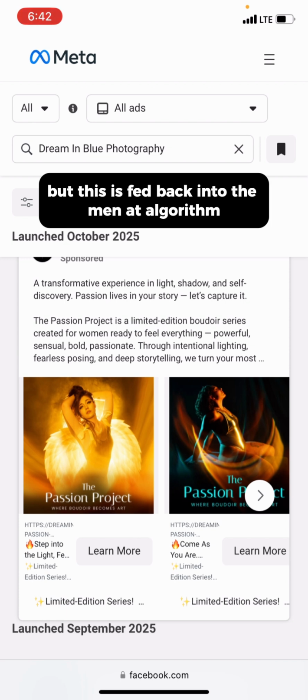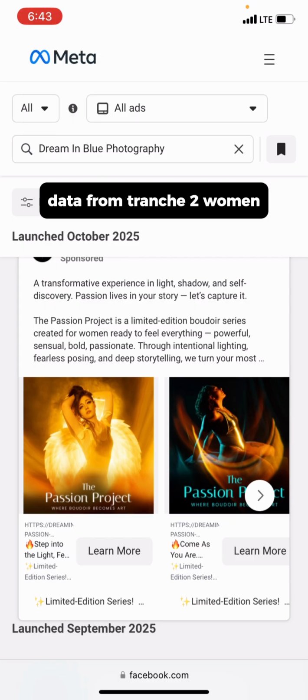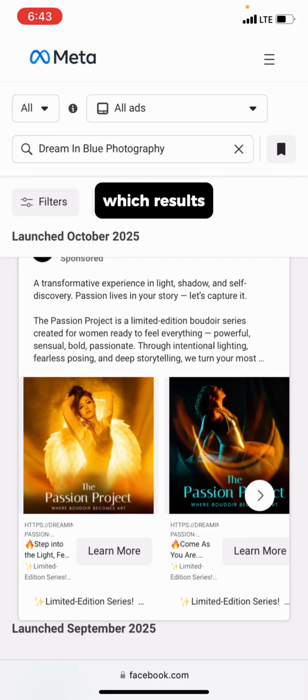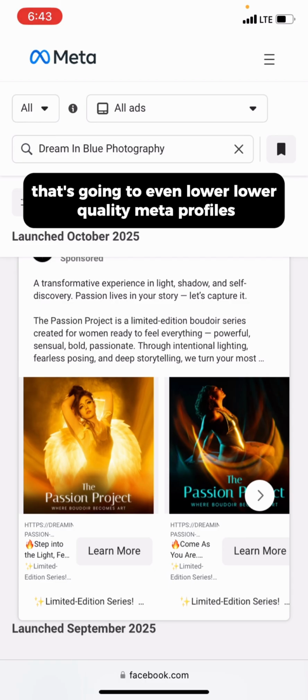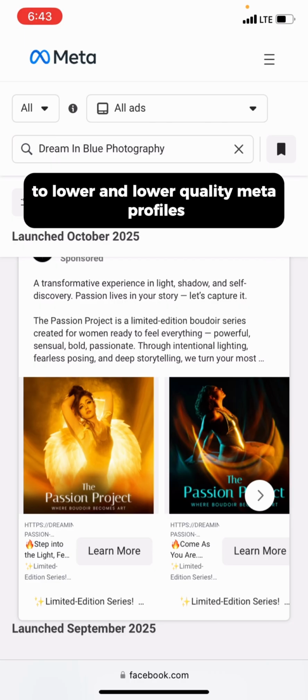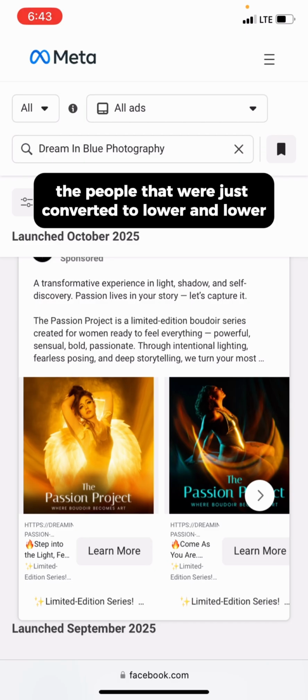But this is fed back into the Meta ad algorithm, data from tranche 2 women. These lower results than tranche 1 women result in us going to even lower quality Meta profiles, tranche 3. Basically, Meta keeps pushing our ads to lower and lower quality profiles, to people who convert at a lower and lower rate.